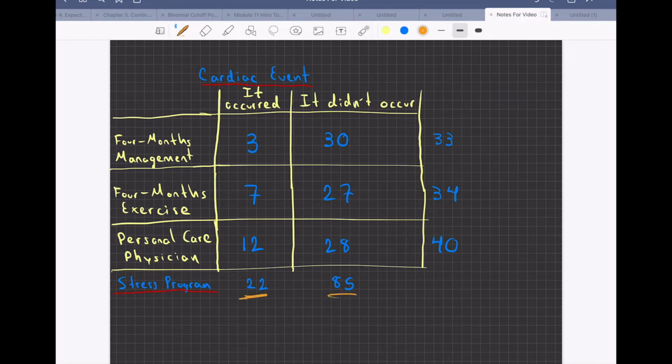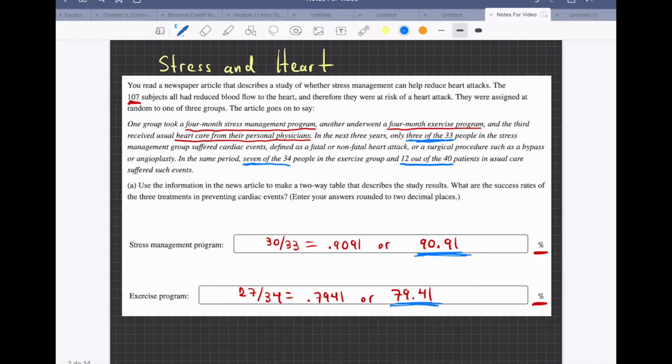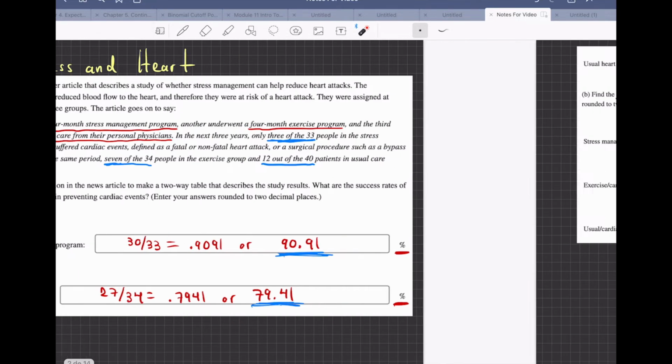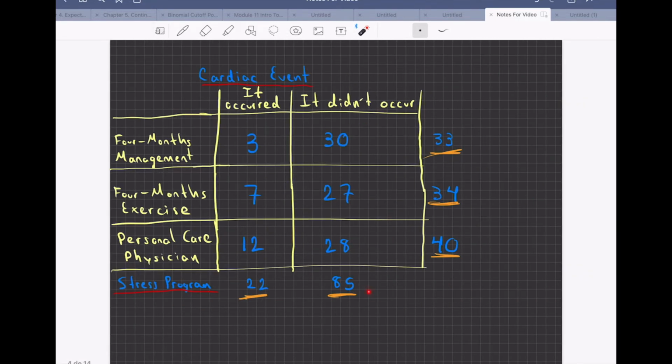Of course, in the two ways, the grand total should be the total number in the sample. In this case, it was 107. See that? If you add this in the two ways, this is 107. 33 plus 34 plus 40, this is 67 plus 40 is 107, right?